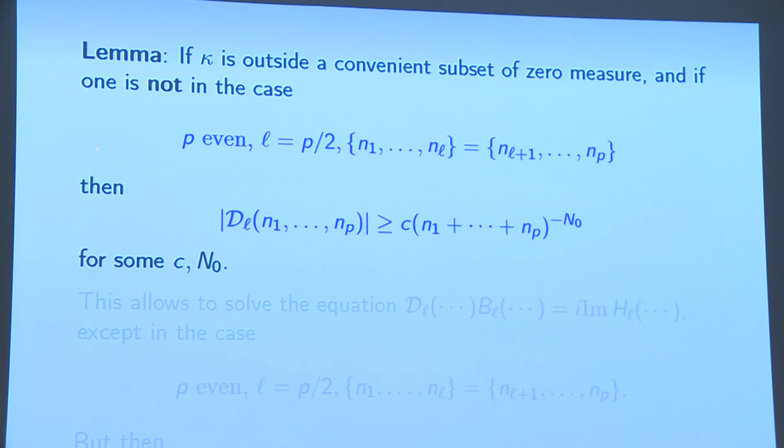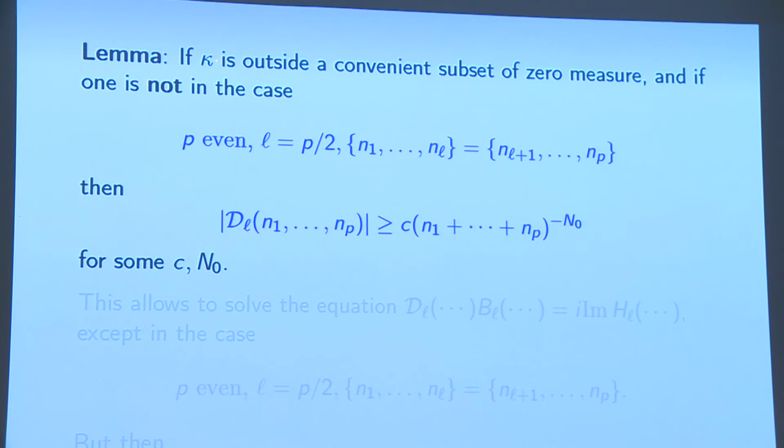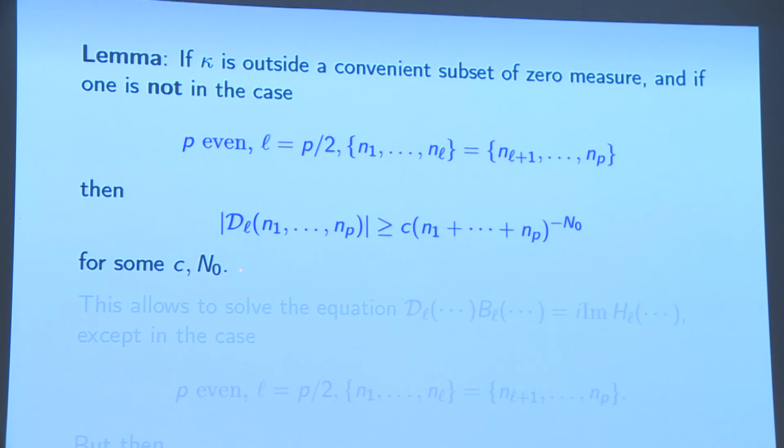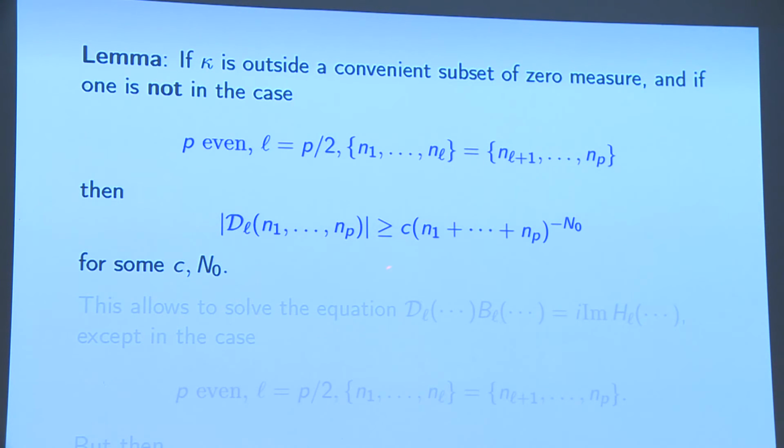So the lemma says that if you are not in this case, then if the parameter kappa, surface tension, is taken outside the convenient subset of zero measure, then you may ensure a small divisors estimate saying that not only dl does not vanish, but moreover, dl is bounded from below by a constant times n1 plus etc plus np to the power minus some integer n0.